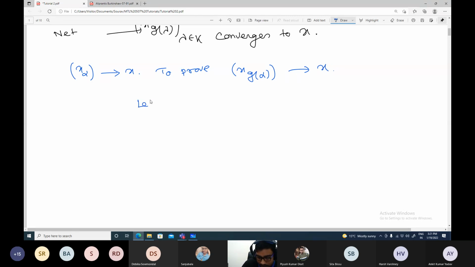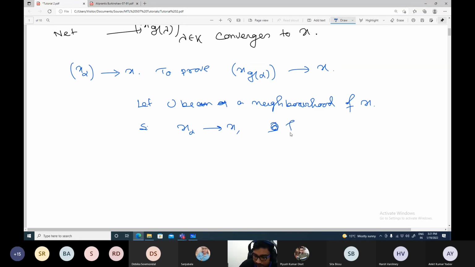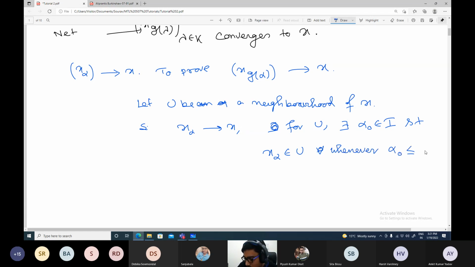We first take an open neighborhood, or simply a neighborhood, U of X. Now since X alpha converges to X, there exists some alpha naught belongs to I such that X alpha belongs to U whenever alpha naught is less than or equal to alpha, right?